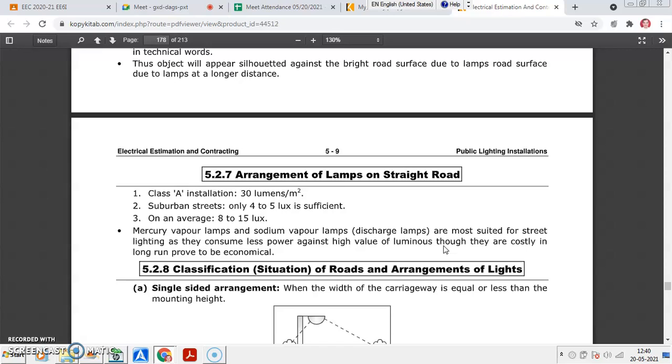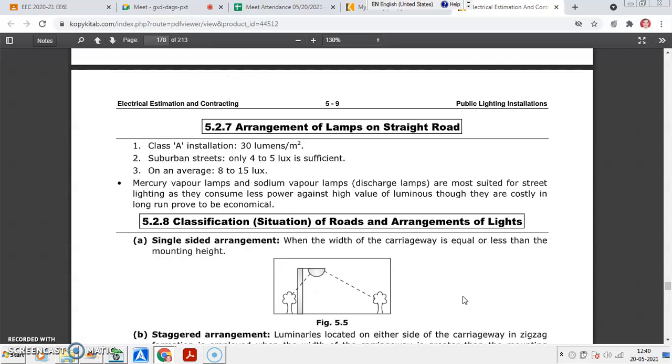Though here it is mentioned mercury vapor and sodium vapor, high pressure sodium vapor 250 watt around, 150 watt around. Now we are replacing all those by LED lights of 60 watt, 45 watt, 90 watts like this. So a lot of conservation is there.